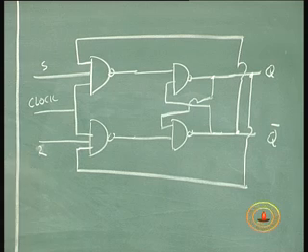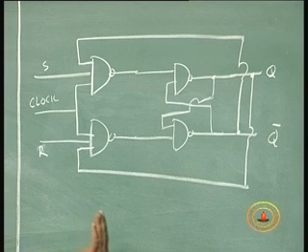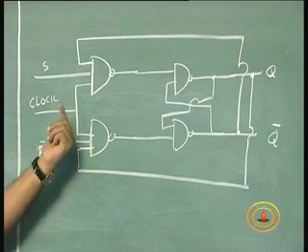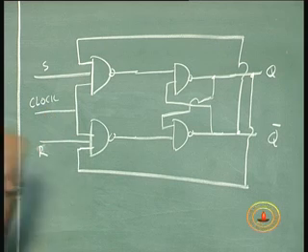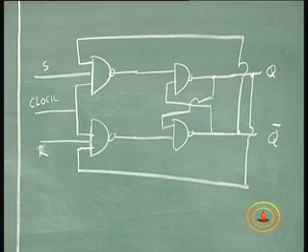Let us see what happens with this change. I have taken the SR flip flop, replaced the 2 input NAND gates by 3 input NAND gates in the first stage, the second stage remains as it is.